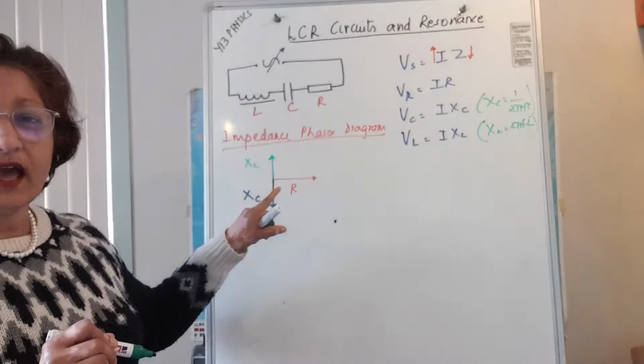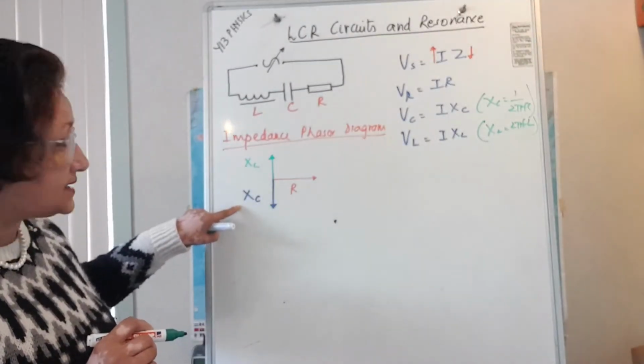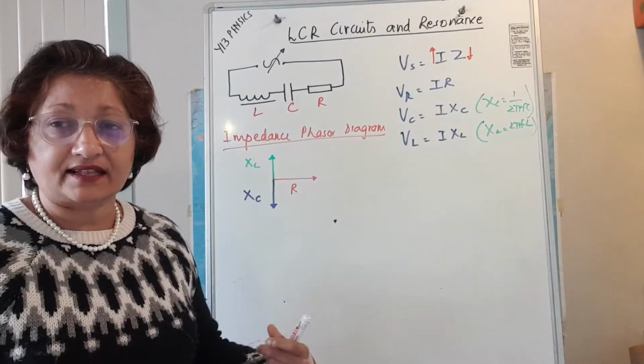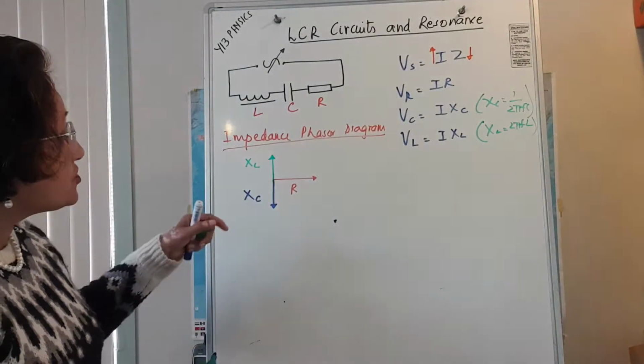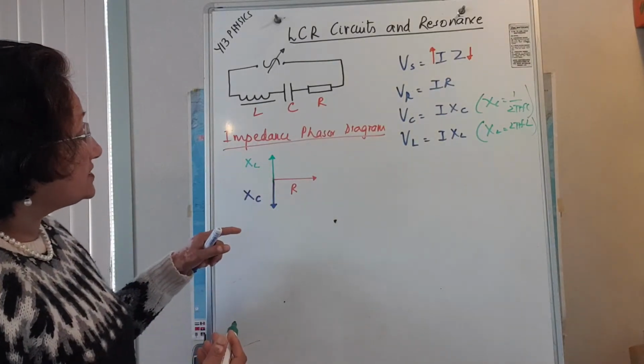So if you look at the reactance of the inductor and the reactance of the capacitor, they are 180 degrees opposite each other, and they have a cancelling effect. And the circuit current depends on the vectorial addition of these three.